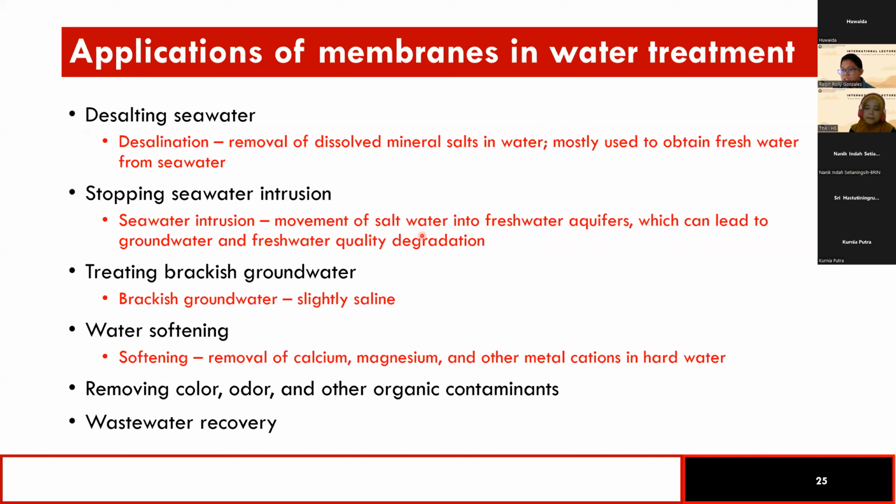And we don't want salt water to go into these freshwater aquifers because it will affect water quality. And this can lead to groundwater and freshwater quality degradation. So membrane processes can be used to stop seawater intrusion. Next, membrane processes can also be used to treat brackish groundwater, or groundwater which has a slightly high salt concentration.